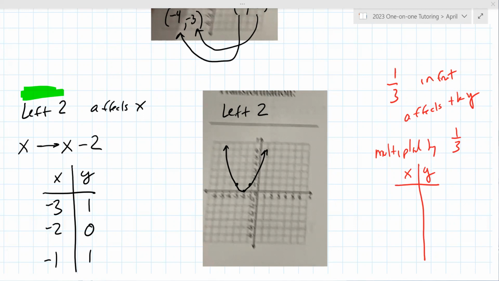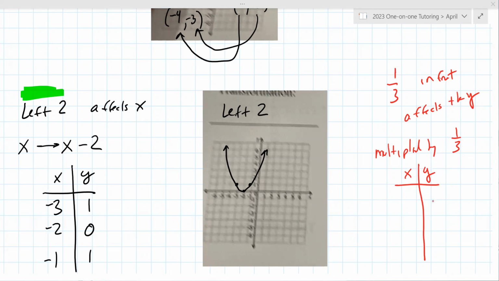Okay, let me just multiply this, okay? Sounds good. It's 1/3.